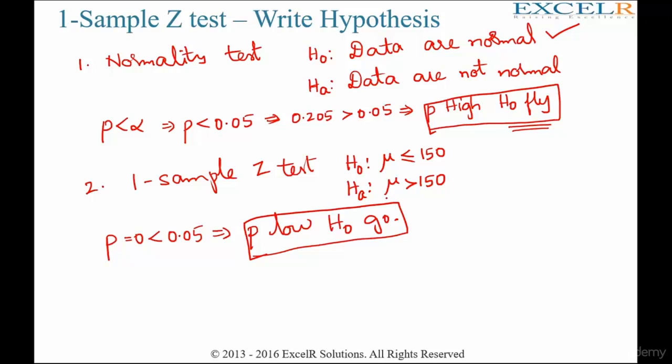The moment you reject the null hypothesis, you'd be left with the alternate hypothesis. Your alternate hypothesis says the current mean is greater than the historical mean. So you need to take some action. You need to probably rectify your machines, schedule some kind of service or maintenance on your machinery basically.